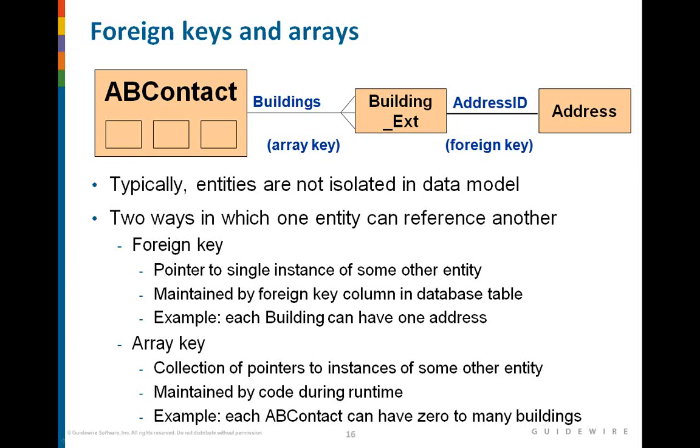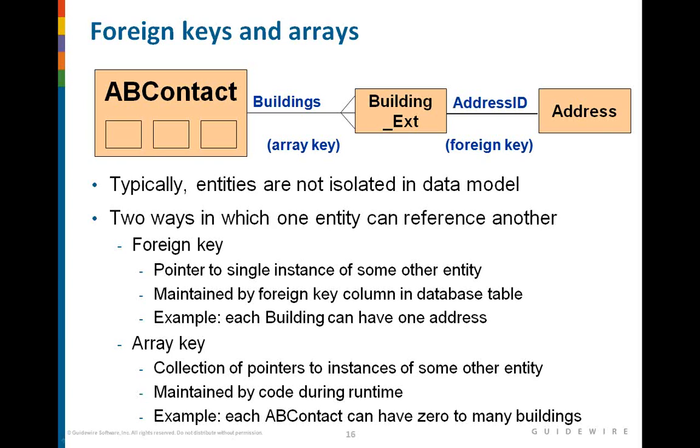Maintained by code during runtime means that AB contact has an array key defined in the XML file, but that array key will not be depicted in the AB contact table. Instead, in the building.ext file there will be a reverse foreign key to the AB contact.